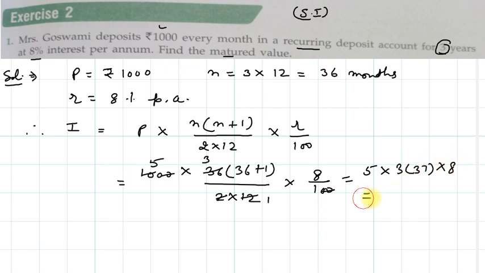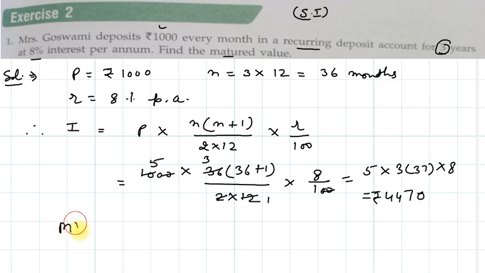So this would become, if we multiply it, 8 5s are 40, 3s are 120 into 37. So 12 7s are 84, 12 3s are 36 plus 8 is 44, and 0 will come here. So this rupees 4440 has become our interest.